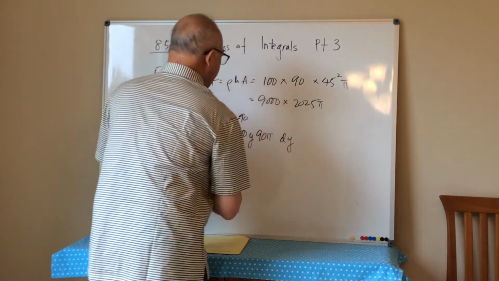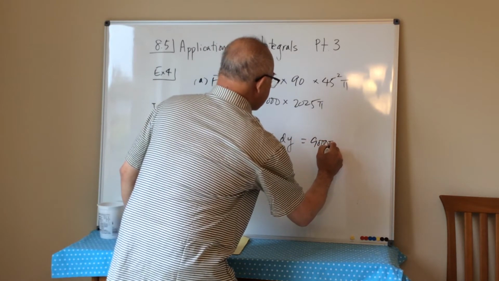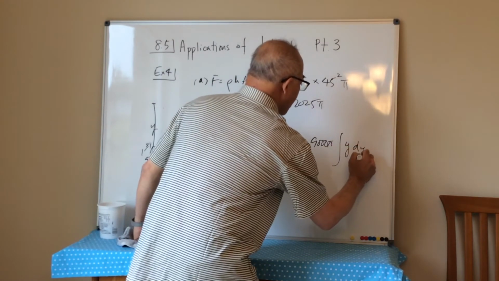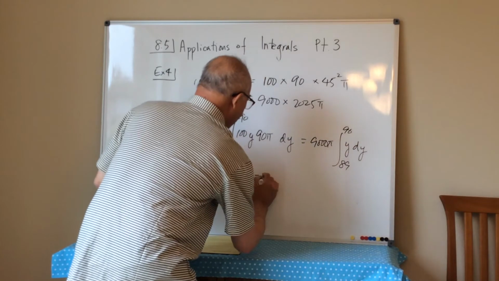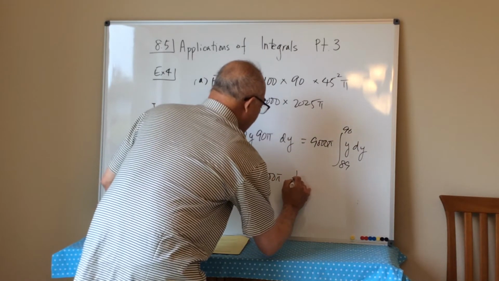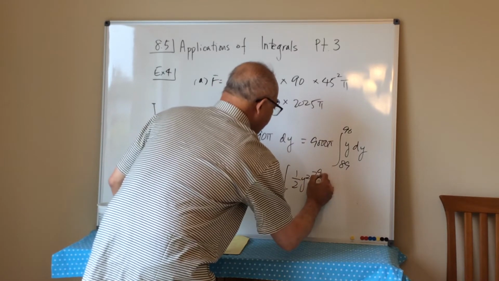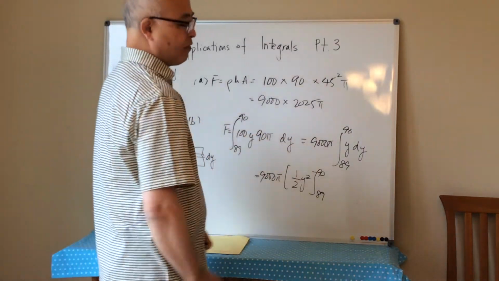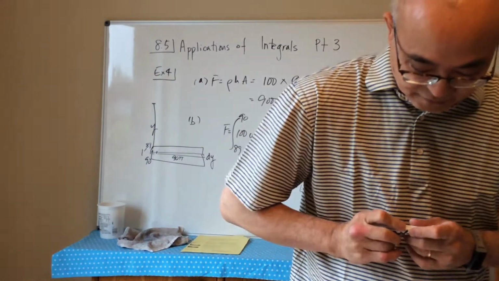So this is 9,000 pi. All I have left is y dy, 89 to 90. 9,000 pi times 1/2 y squared, evaluated from 89 to 90. Okay? And whatever you find there would be the answer. All right? So that would be that example 4.